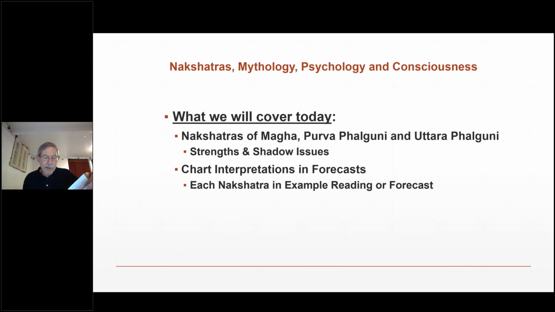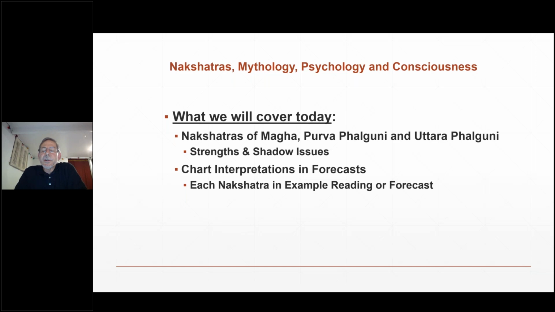And I also have Kathy's. So I looked at your charts beforehand, and many of you have these nakshatras that we're talking about. So I might call on you to ask you to talk about how that experience falls for you. And then we'll begin to see how that starts to play out in all of our lives.